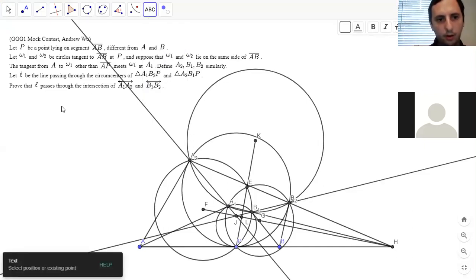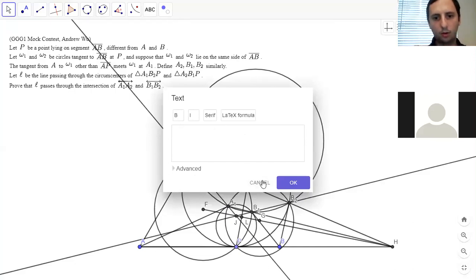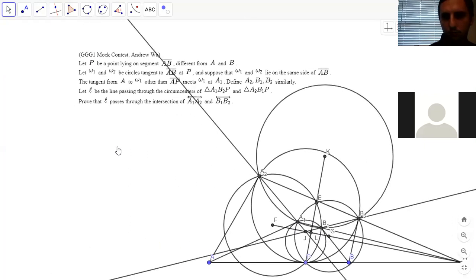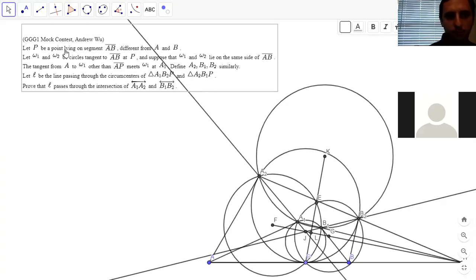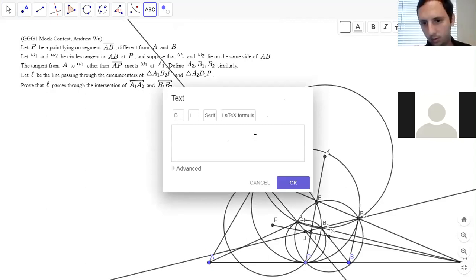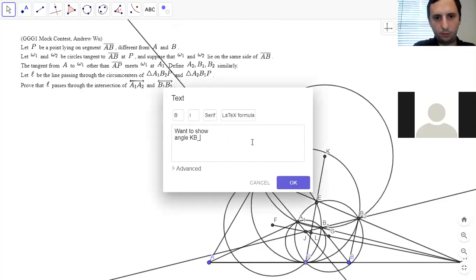Maybe I'll just type it out. Hold on just a second. Okay, so basically we want to show KB2A1. So what were the two angles that you said you wanted to use to show it was tangent?